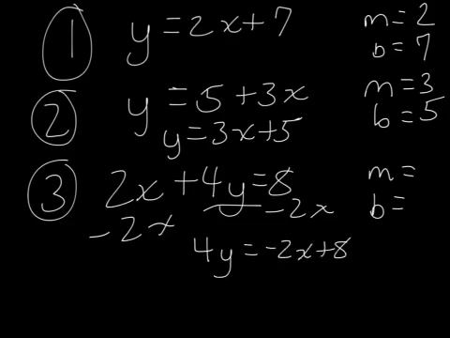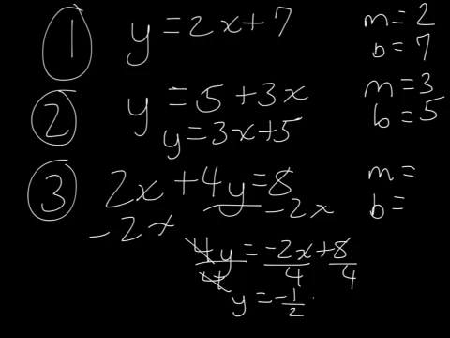Now we want our y by itself, with only one y, so we divide everything by 4. The 4s cancel out, leaving us with 1y, and -2/4 simplifies to -1/2 x, and 8/4 is 2. So our slope is -1/2, and our y-intercept is 2.